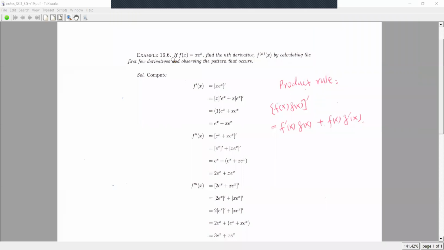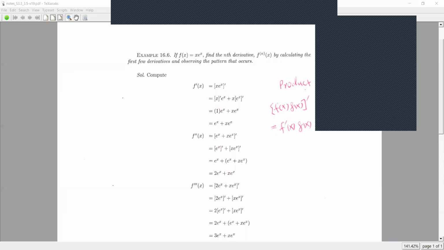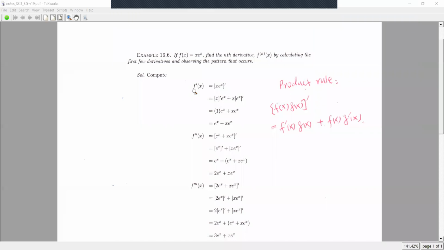Example 2. If function f is the function x times e to the x, find the nth derivative by calculating the first few derivatives and observing the pattern that occurs. Take the derivative of the function f.